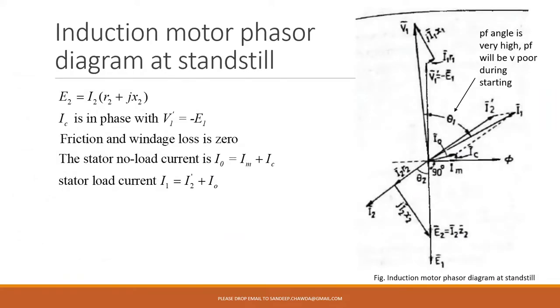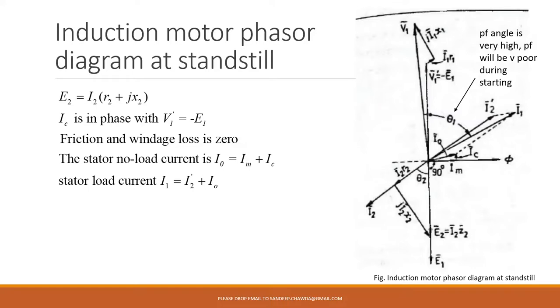So this is the phasor diagram for the standstill condition. Remember, whenever we talk about standstill condition, the value of slip will be 1. So at that time, what would be the value of EMF induced in the rotor?